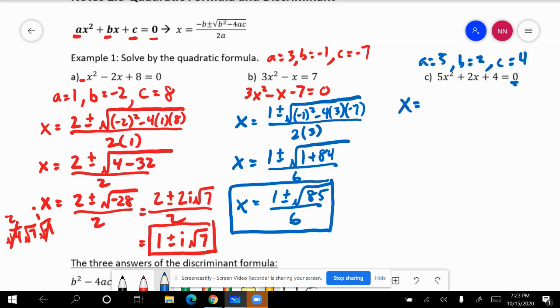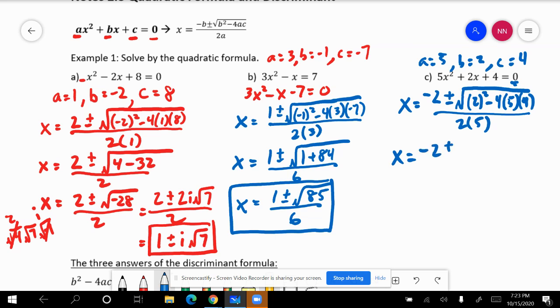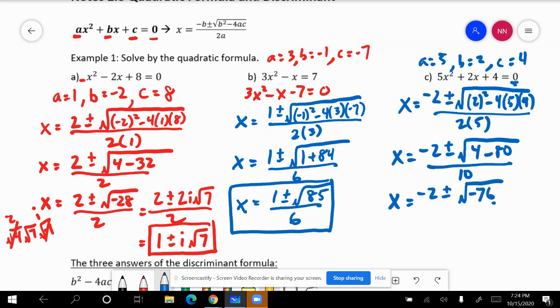So we have x equals negative 2 plus or minus the square root of 2 squared minus 4 times 5 times 4, all over 2 times 5. 4 minus 4 times 5 is 20, times 4 gives us 80, and we divide it by 10. We get negative 2 plus or minus the square root of negative 76, all over 10.